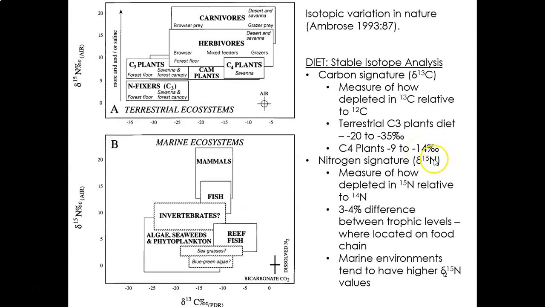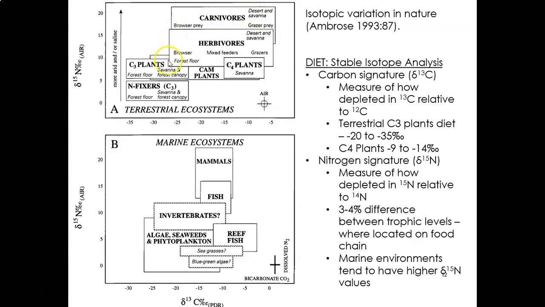Okay, also to get at diet, we can use the same means that we use to get at human diet, which is stable isotope analysis. This is an example of what the nitrogen signature looks like in various different kinds of organisms in terrestrial versus marine ecosystems.